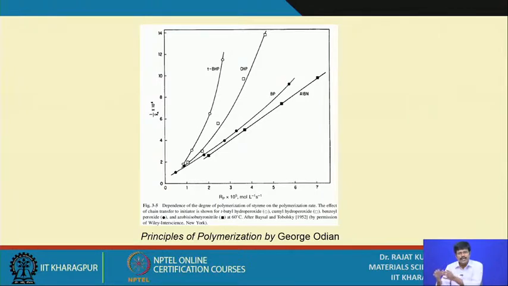So, it is a linear correlation of 1 divided by xn bar with Rp all throughout. The quadratic dependence only comes into the picture at high Rp values when that Ci value is high. If the chain transfer constant for the initiator is already low, that term will be negligible, so that graph will be linear.